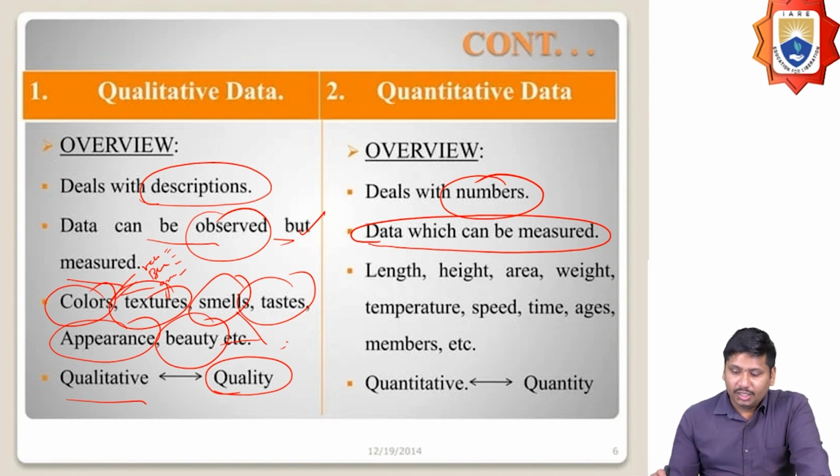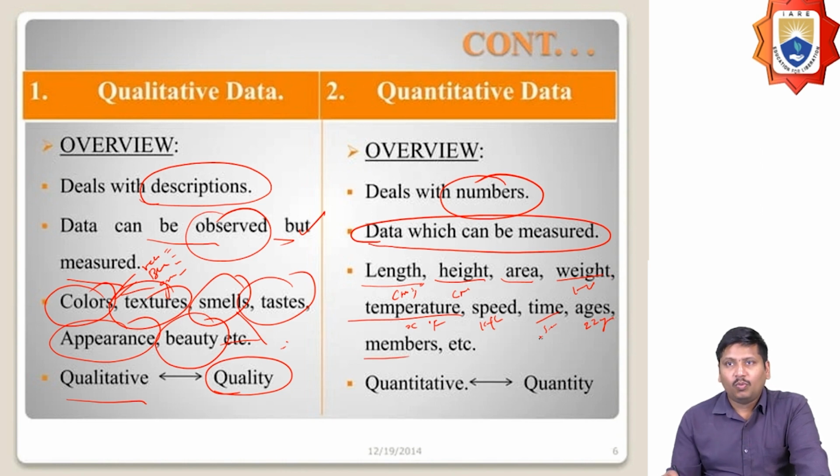If I take quantitative, it deals with numbers which can be measured, for example length in meters and centimeters, height in centimeters, area, weight in kgs, temperature in centigrade or Fahrenheit, speed in kilometers per hour, time in seconds, age like 22 years.